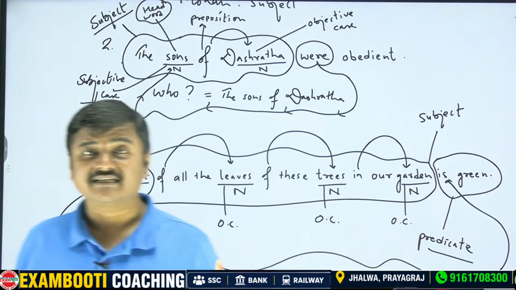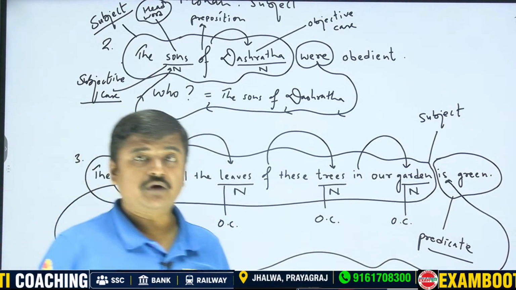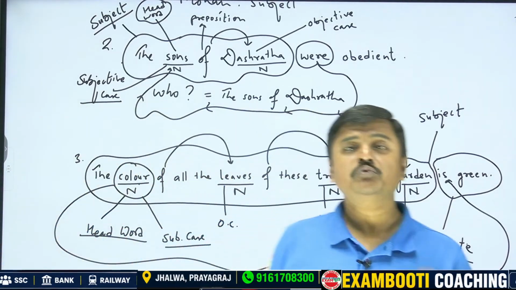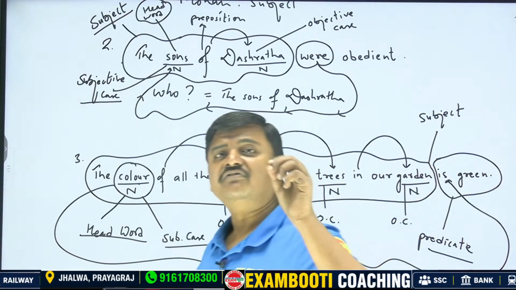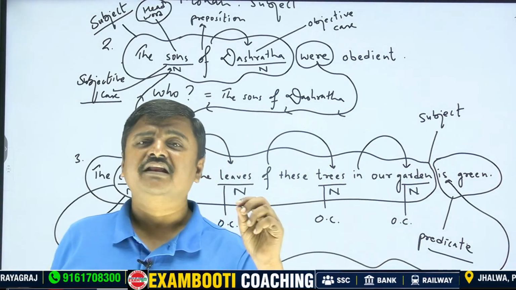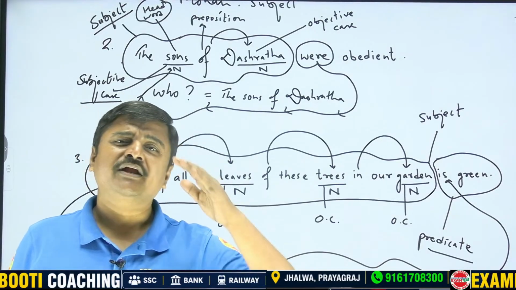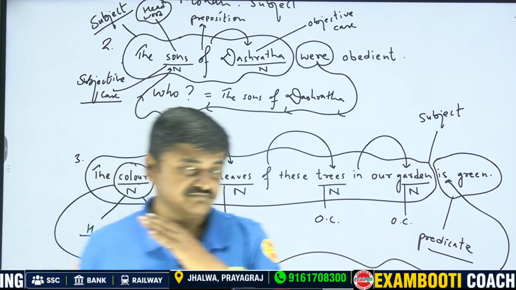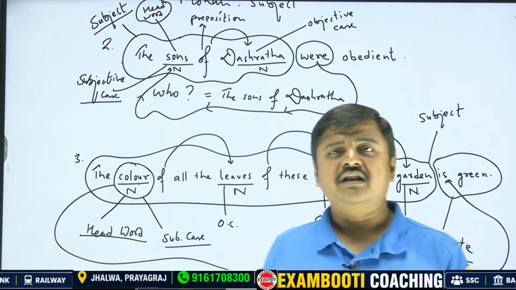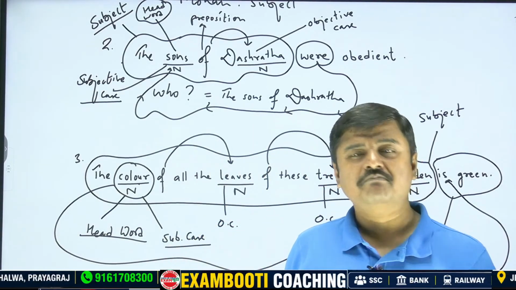So this is the thing you have to identify. If you can do that, finding the subject will be nothing. You are not going to make a mistake. You will never make a mistake.